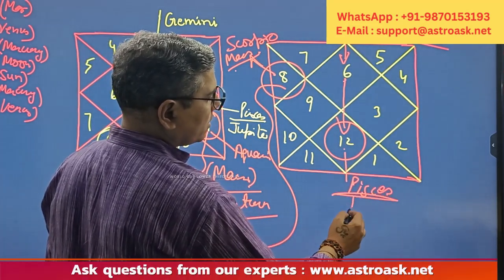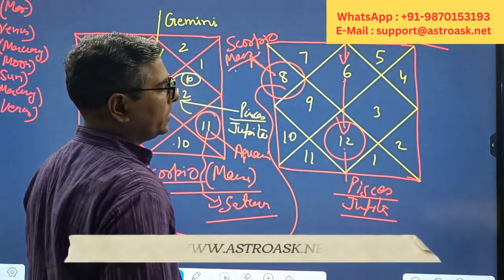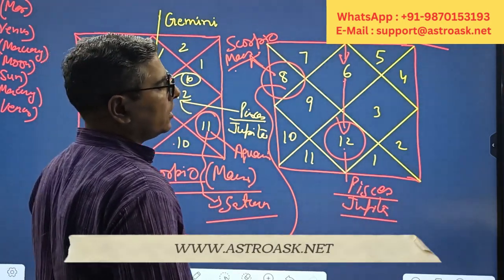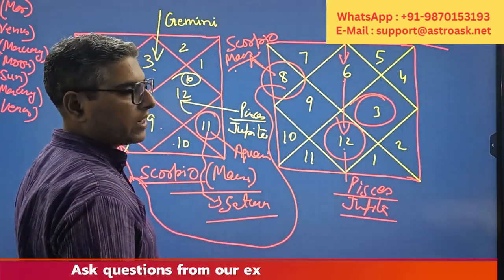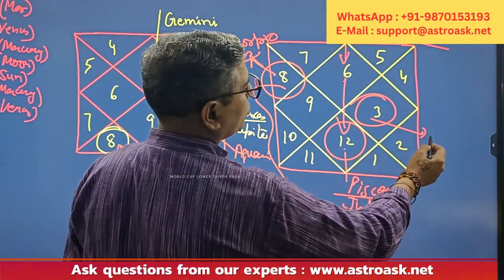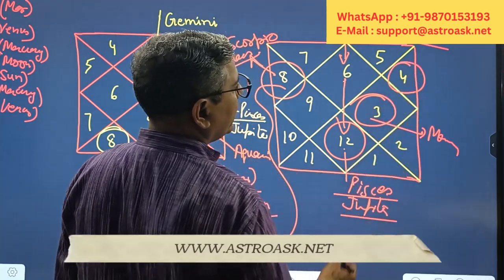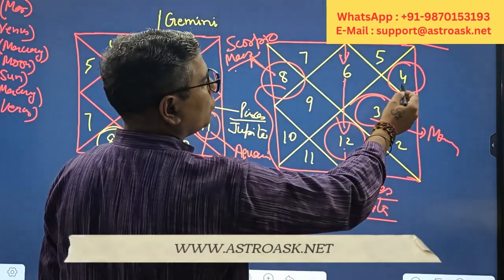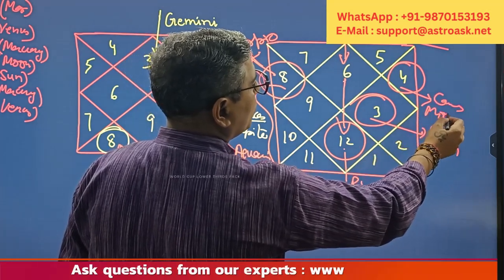So Pisces is Jupiter, right? That means the lord of this house is Jupiter. Similarly, the lord of the 10th house here is what? Number 3 belongs to Mercury. We can directly say that this house belongs to Mercury. Similarly, this house, that is the 11th house, belongs to number 4. Number 4 is Cancer, which belongs to Moon here, right?